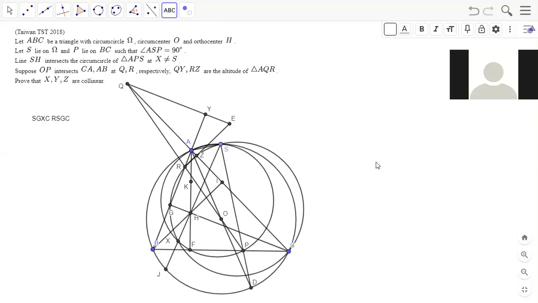Okay. So we know these two are cyclic, and we know the radical axis is GC. But then, even if we know that X are SGC. Wait, is SGC on both of these? So we have RZ. Oh, this would be RZGC. Sorry.